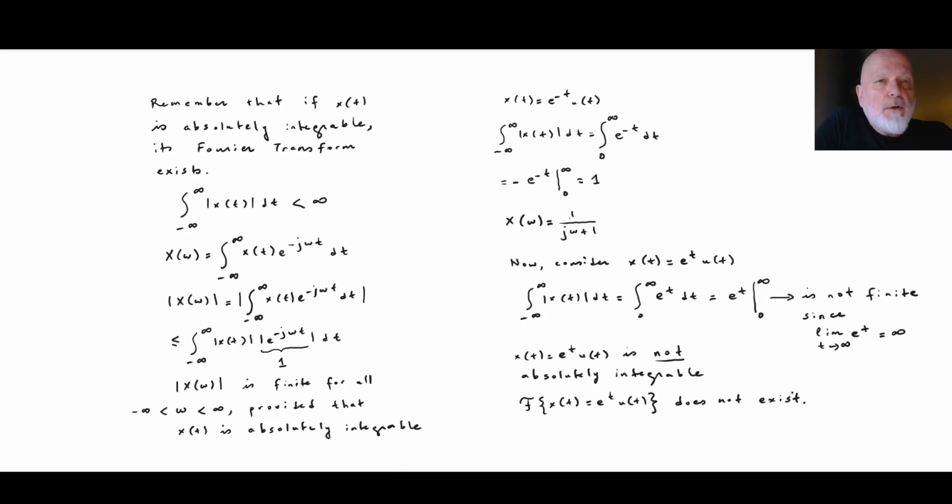So what can we do now? The next step will be to introduce a new transform such that we will be able to calculate the transform even for signals which are not absolutely integrable. Let us see how we can achieve this.